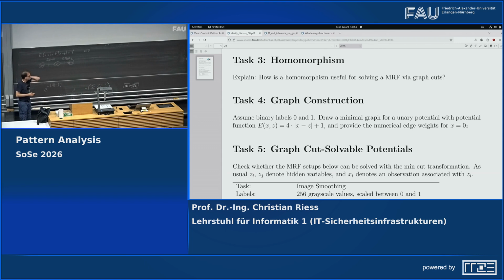And then, strictly speaking, it says a minimal graph for a unary potential. So we can also save one edge here, and replace it by a simpler graph that only has an edge weight of 4 here, so 5 minus 1.